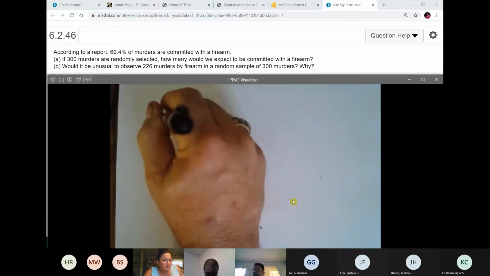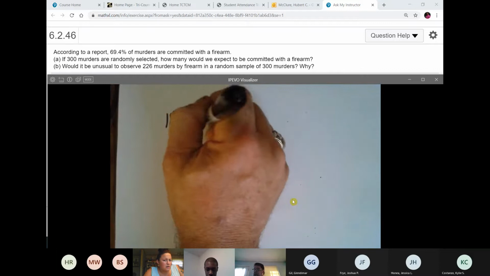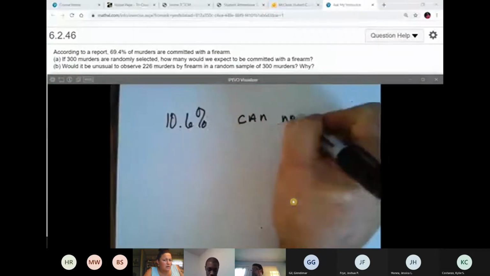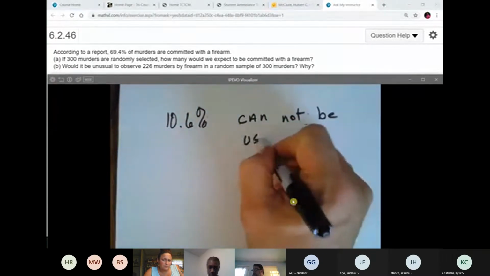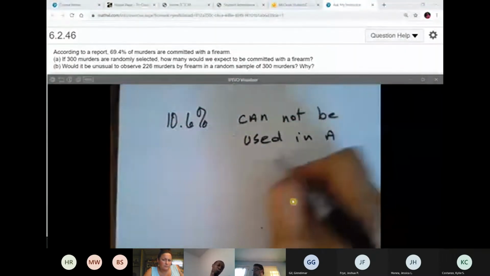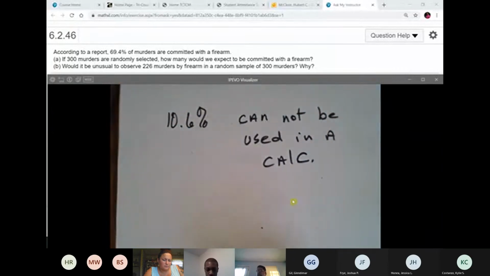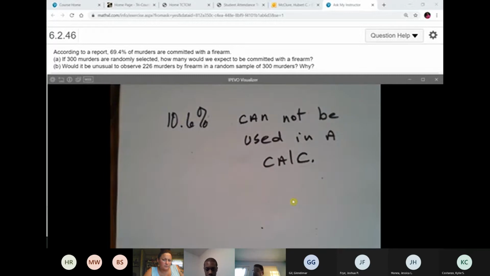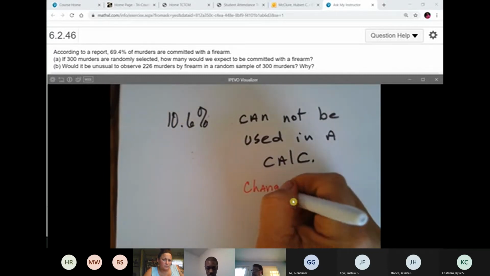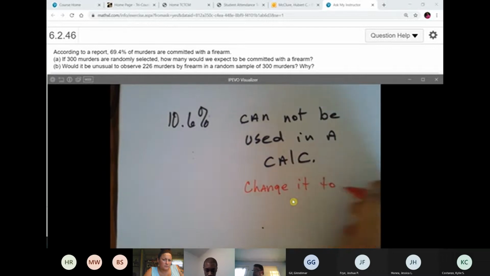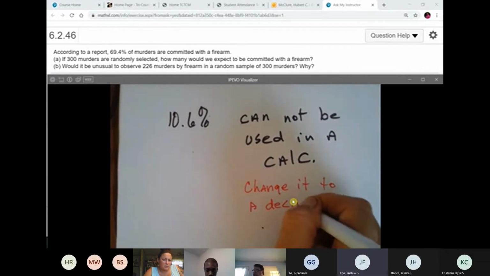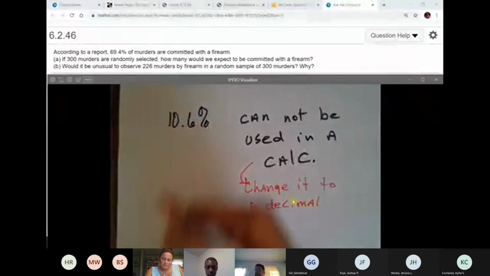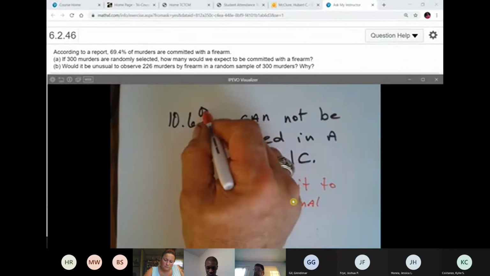If I have a percent, 10.6%, I can't use percent. Percent cannot be used in a calculation. So whenever I'm given a percent, I have to change it to a what? A decimal. So I have to move the decimal. When I divide by 100, that's what percent means.